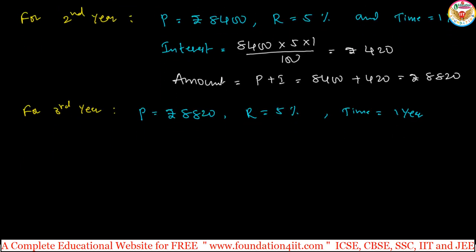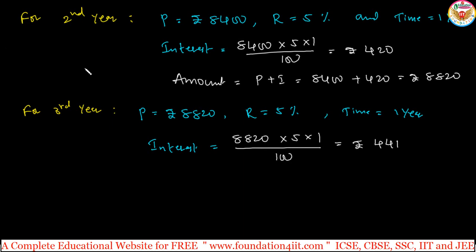Now just use the same concept. Here you can find the interest. Interest is equal to PRT by 100. So 8,820 into 5 into 1 by 100. This you can calculate: 441. The 0s cancel, 5 ones are 5, 2 fives are cancelled, 441.